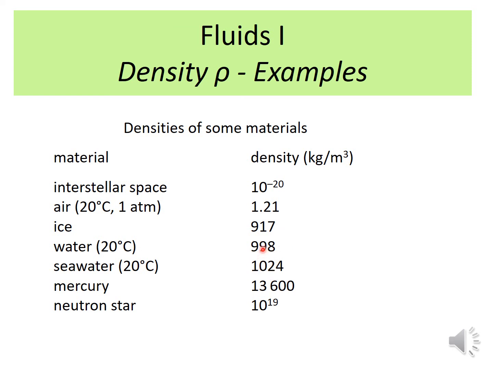Seawater is a little bit higher than fresh water because there is salt in it, so it's 1024. Mercury, a liquid we are very familiar with, which is metallic and relatively heavy, heavy because it has a high density, is about 13,000. And when we are looking at something extreme, which is a neutron star, we are dealing with a density of 10 to the 19. So you see, you have a huge span of orders of magnitude available for densities.